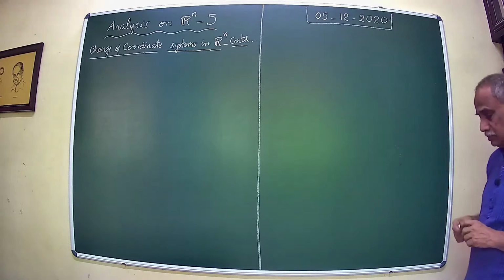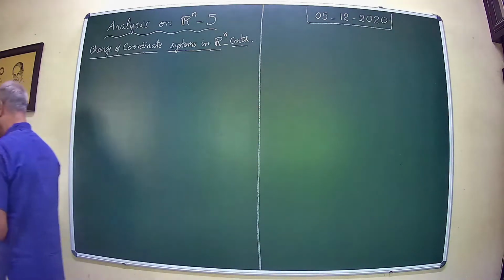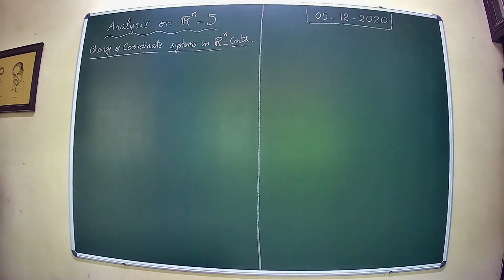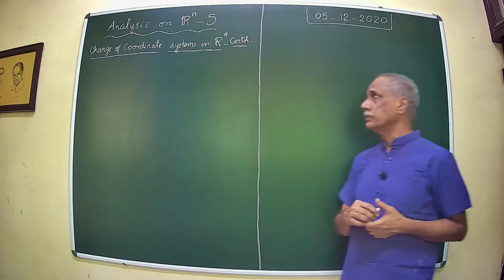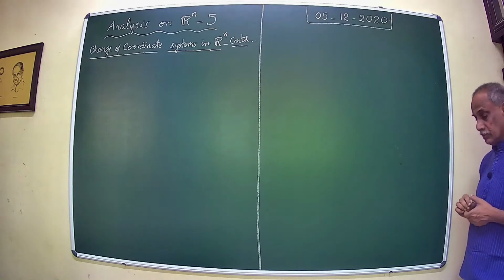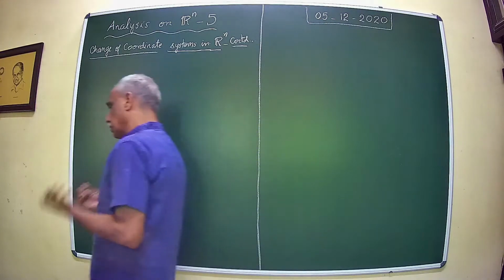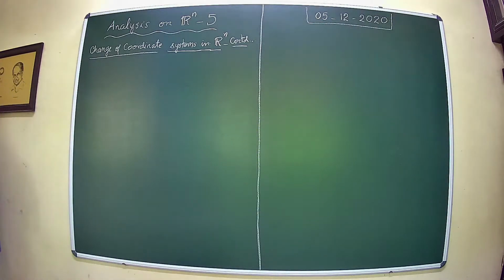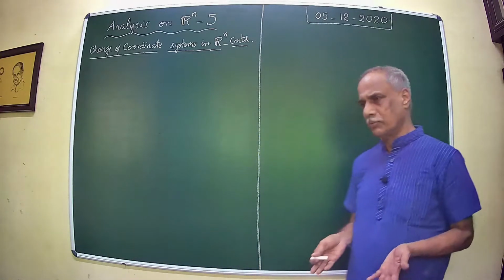Now, there are situations, it will be clear when we start looking at transformations or linear transformations on Rn, that a particular basis may be more suitable to discuss the problem, or it will give more transparency to the discussion of the problem.